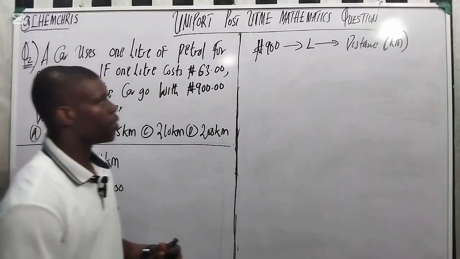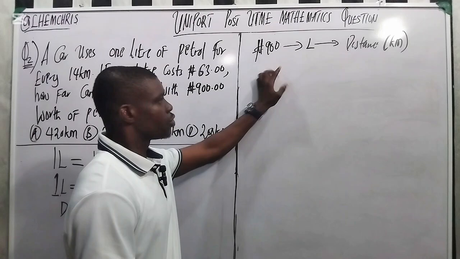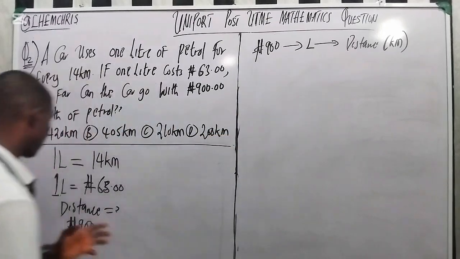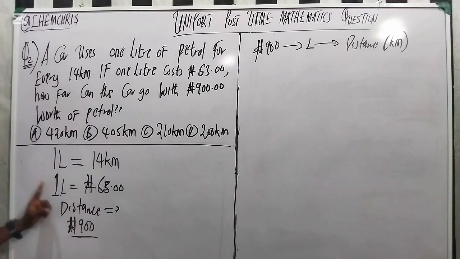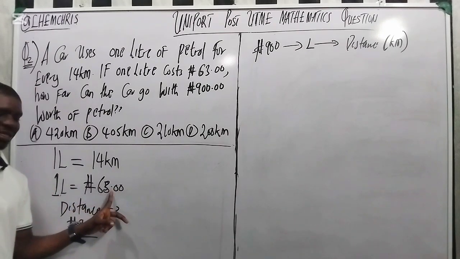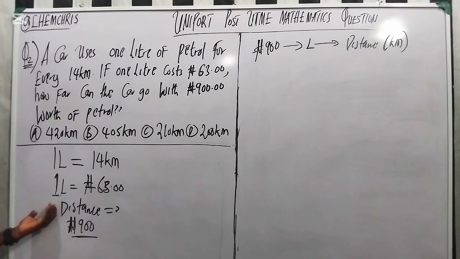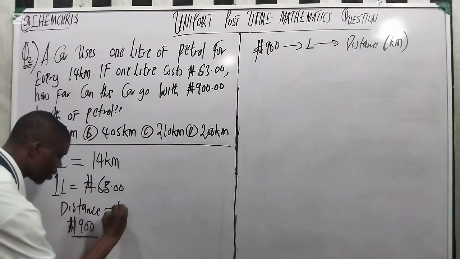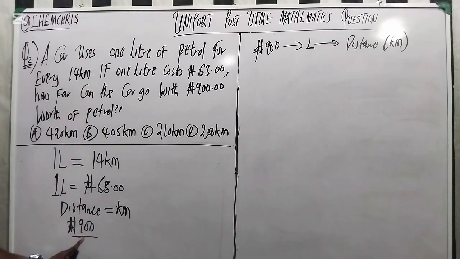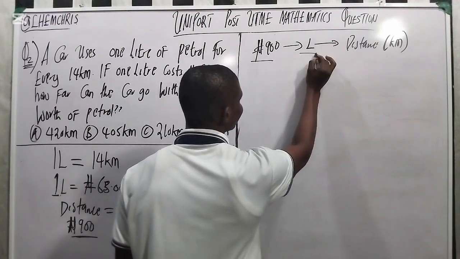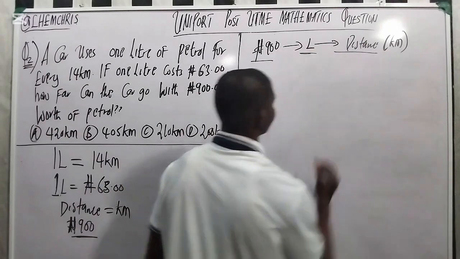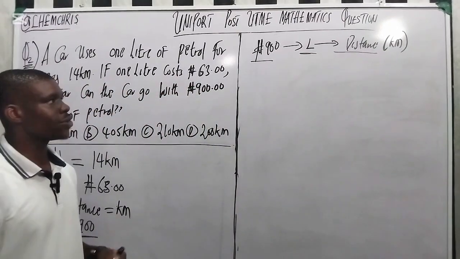You're moving forward from 900 naira to liters, because 1 liter equals 14 kilometers and 1 liter equals 63 naira. So you want to convert 900 to liters, then liters to distance. So how do you do that here?